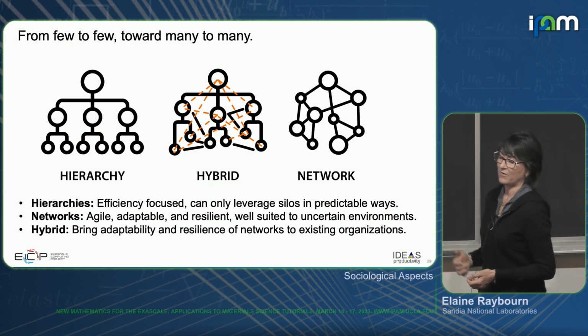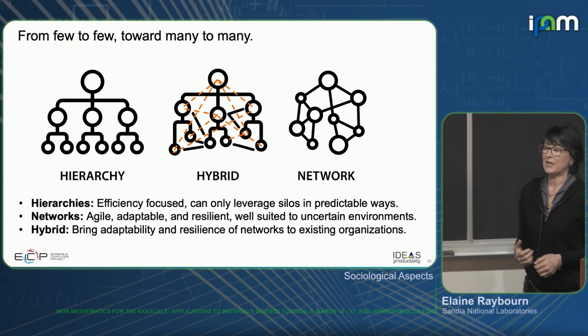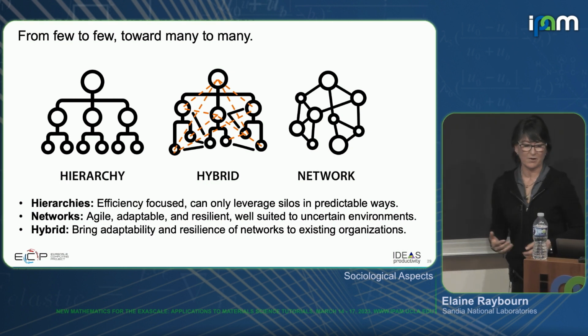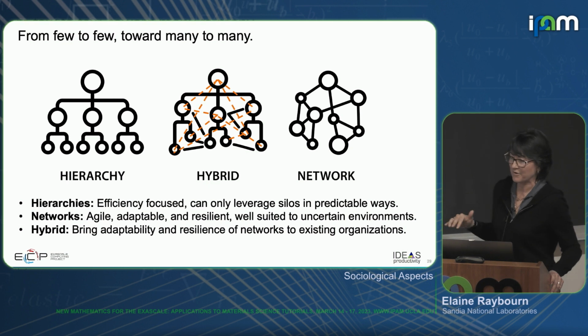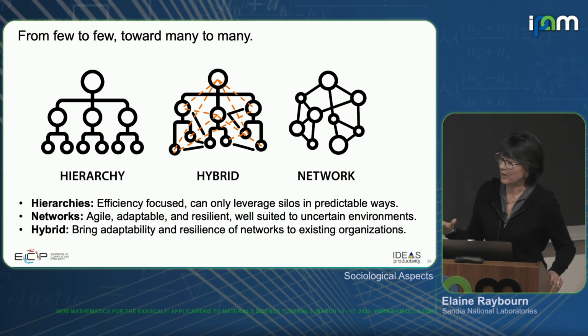So a networked environment is actually better, but it comes with a trade-off, because a networked environment is flatter and more flexible, and so there has to be a lot of trust built, and it is an environment where different teams will have some autonomy to make decisions themselves.